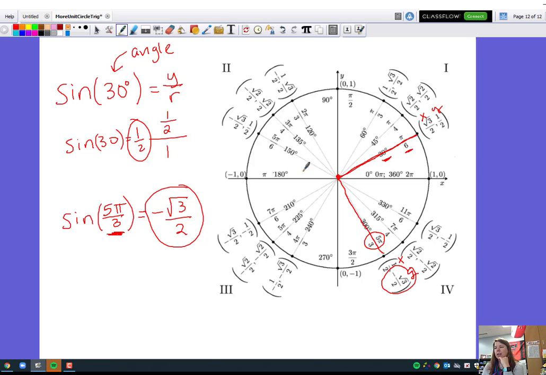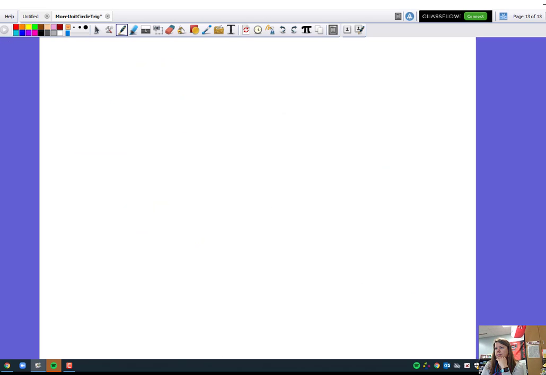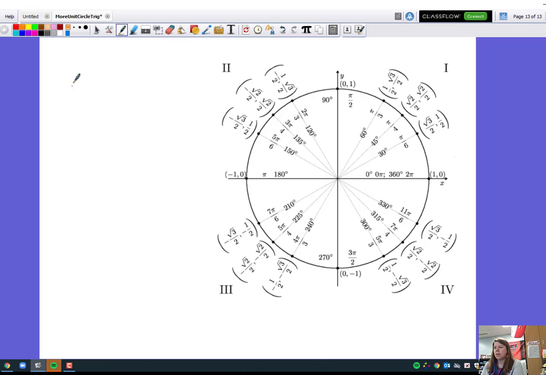Now let's look at cosine and see if we can make some sense of it. Let's do cosine of pi. This is still an angle measure, but now I'm looking for x over r. Y is always sine, forever and ever. Cosine is always going to be your x value. So for cosine of pi, I'm looking for the x value at pi.